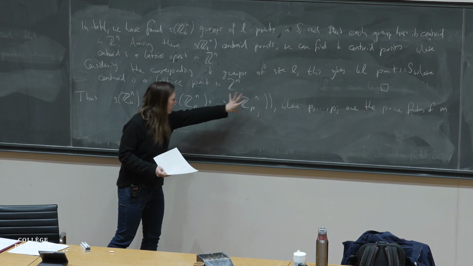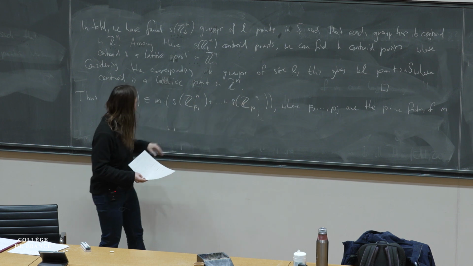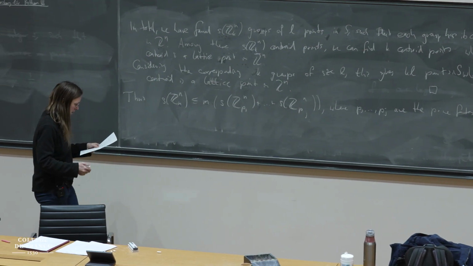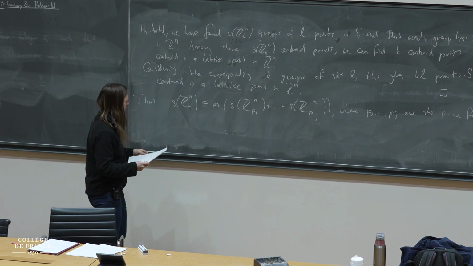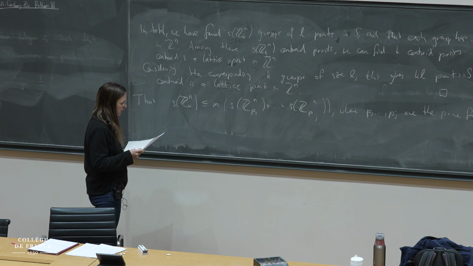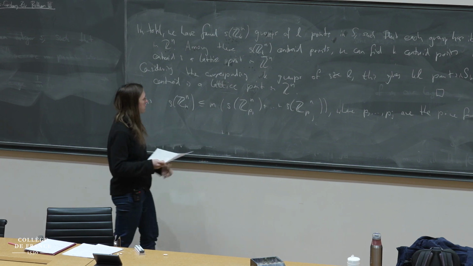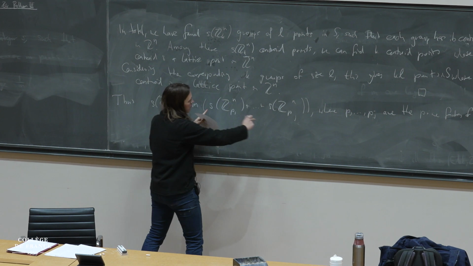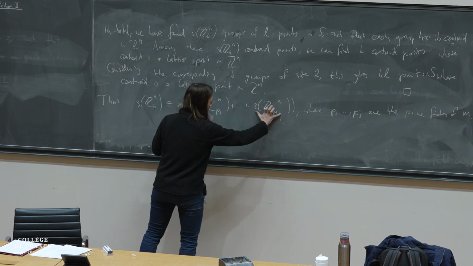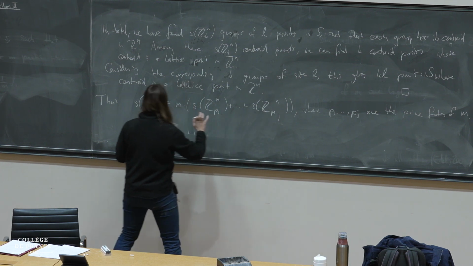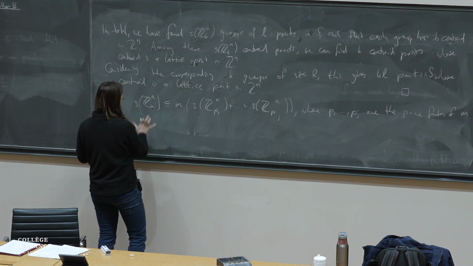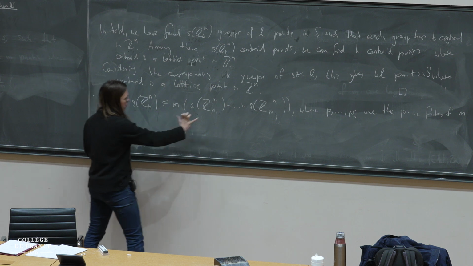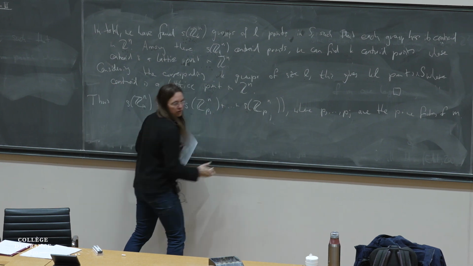Because if we have a good bound for each of those terms, then we get a good bound for that term. So from now on we can reduce to the case that m is a prime. Also, each of those summands, each of those Erdős-Ginzburg-Ziv constants, is at most that Erdős-Ginzburg-Ziv constant, so the number is bounded by any individual one of those terms.